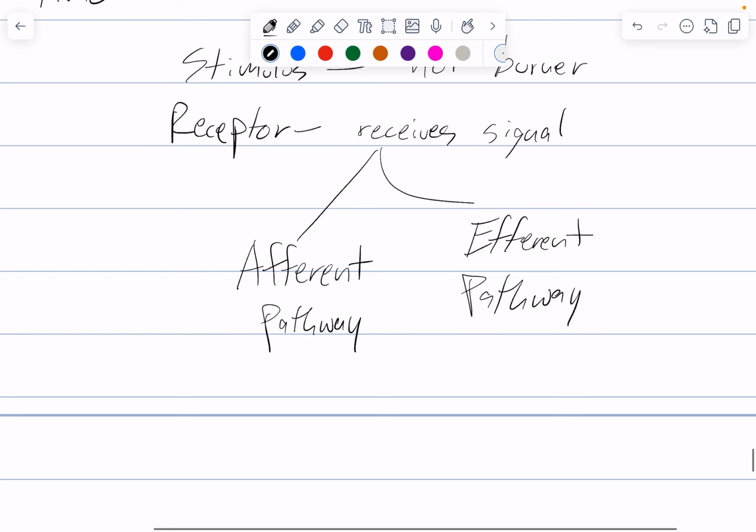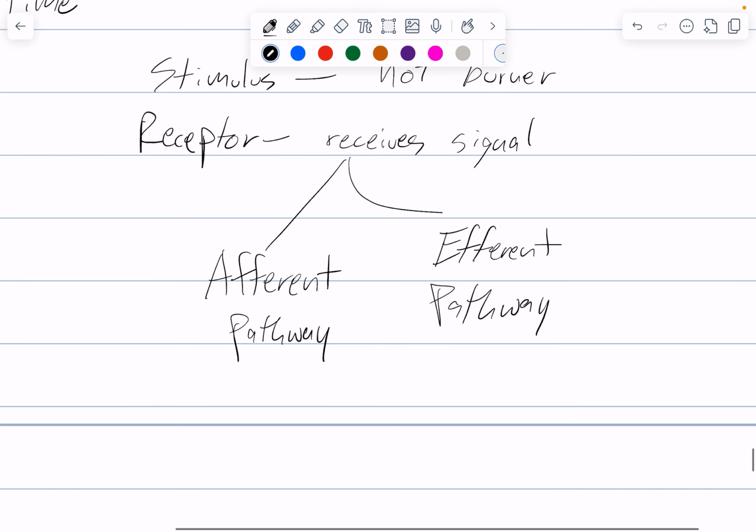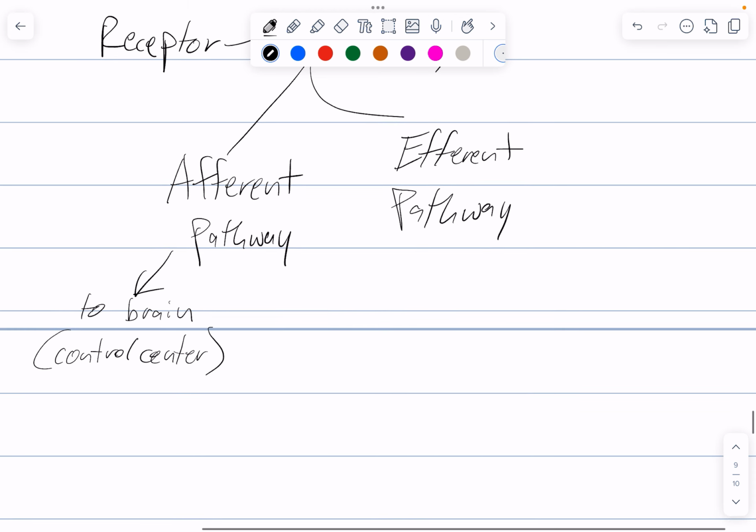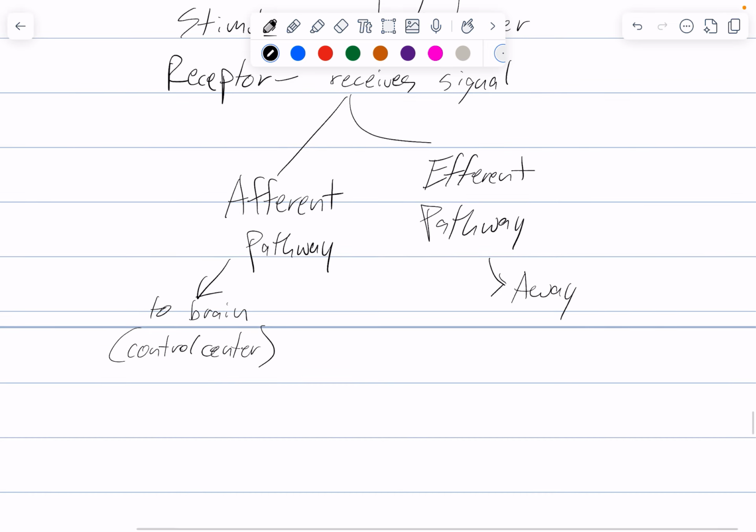So the afferent pathway takes it to the control center. And then efferent takes it away, for example, from the control center. So the control center is the brain.